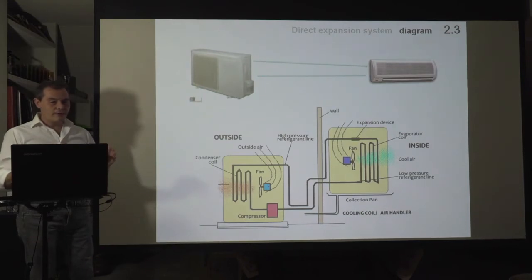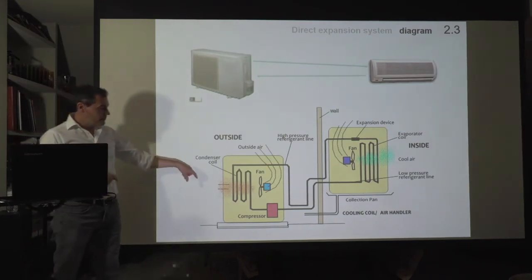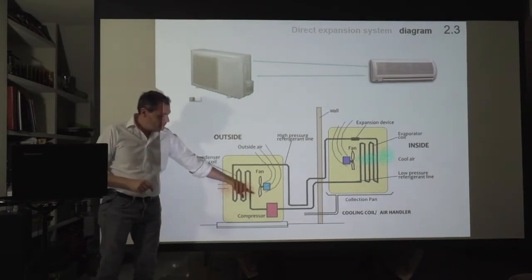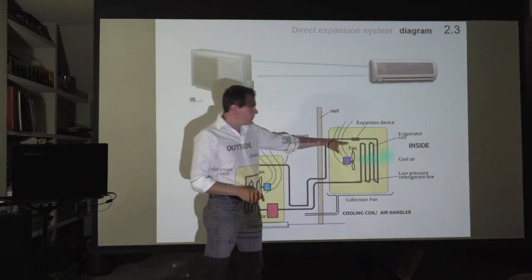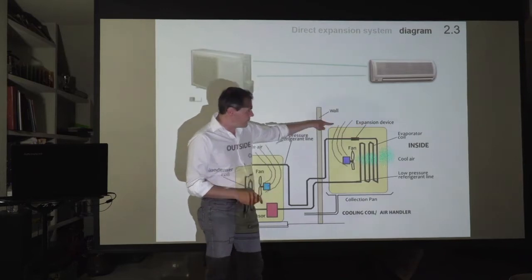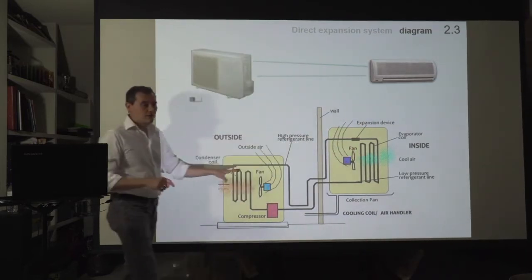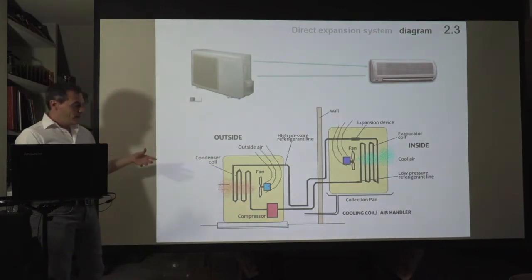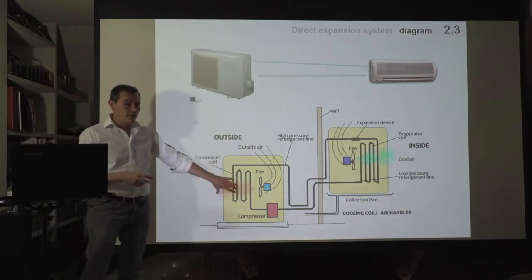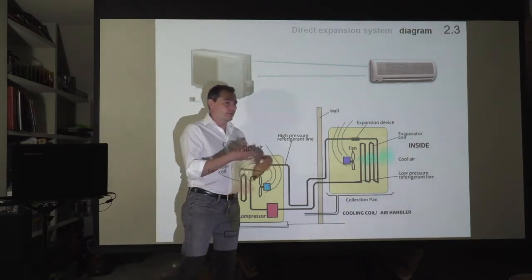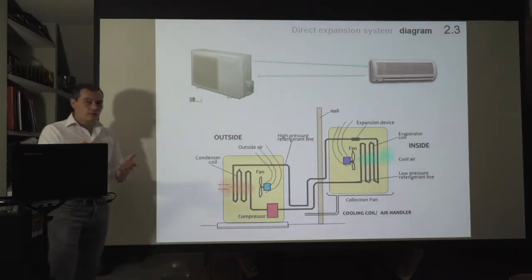Why do we call this air-to-air? Because here we have outside air and a fan, and here we have the indoor air and another fan. So we are using air as a source of energy, and we are using air as the fluid that delivers that energy into the building.